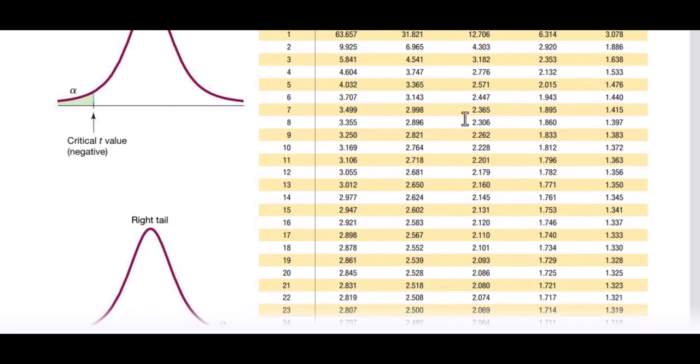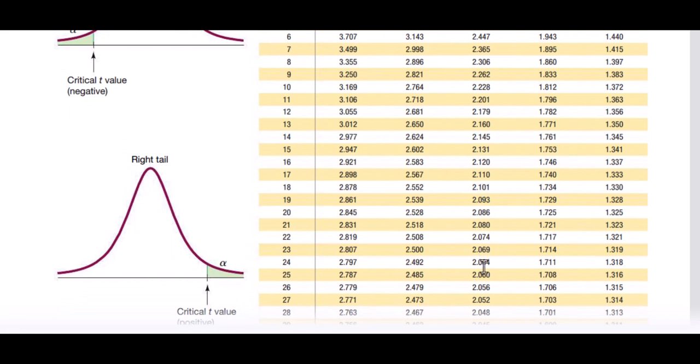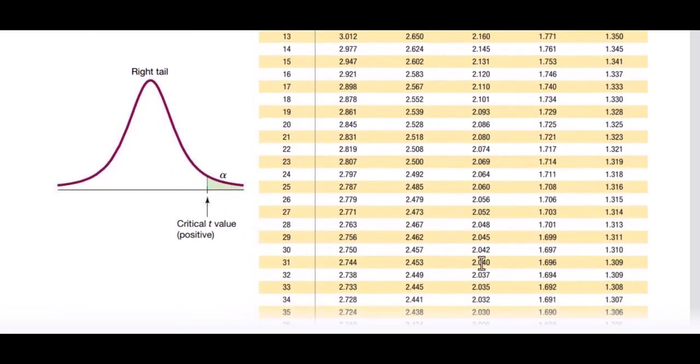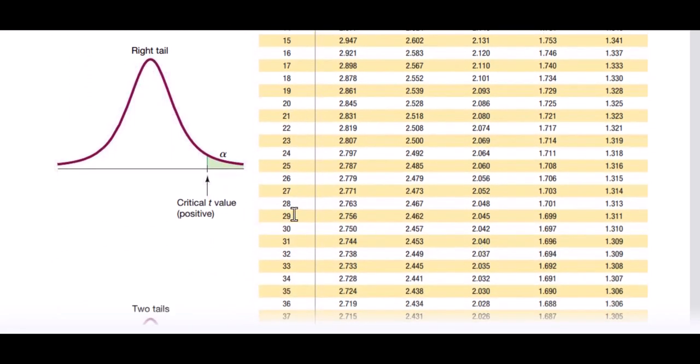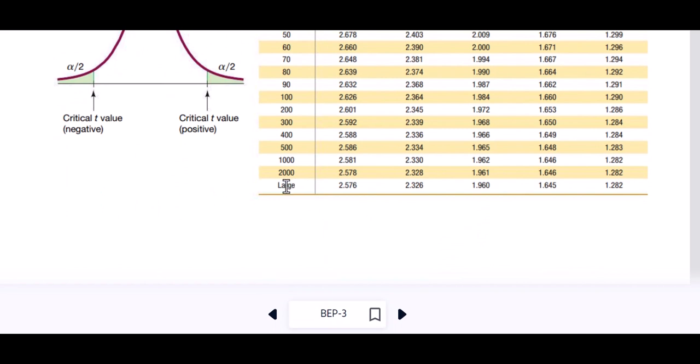But notice how the t multipliers change, the critical values change. They're getting smaller and smaller. As your sample gets bigger, the multipliers are getting smaller. And in fact, notice that when you have really large samples, the last one is actually 1.96, which should look familiar. This is the z-score for a 95% confidence interval, right?